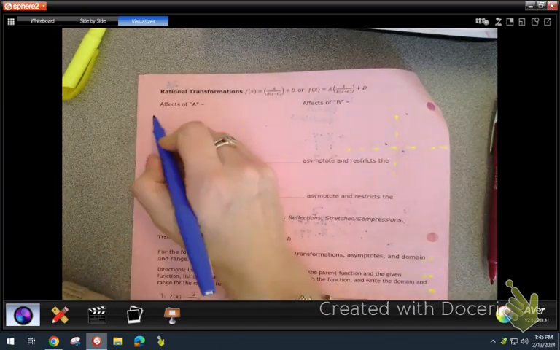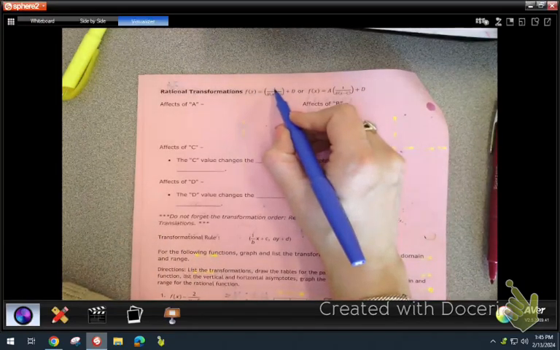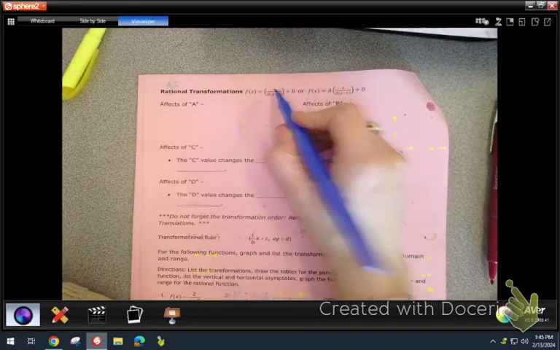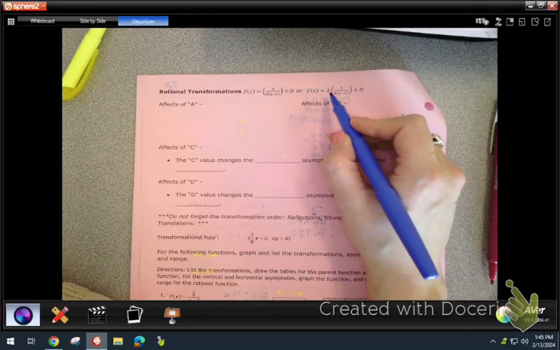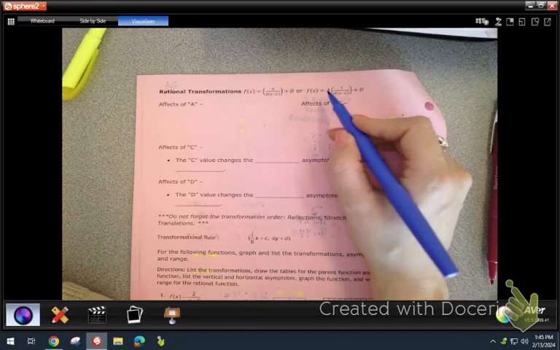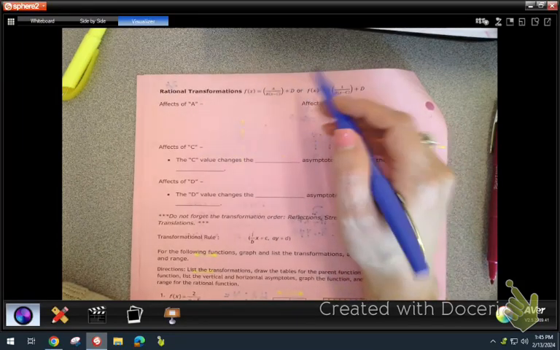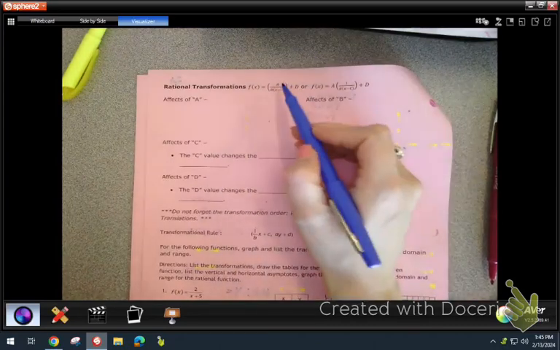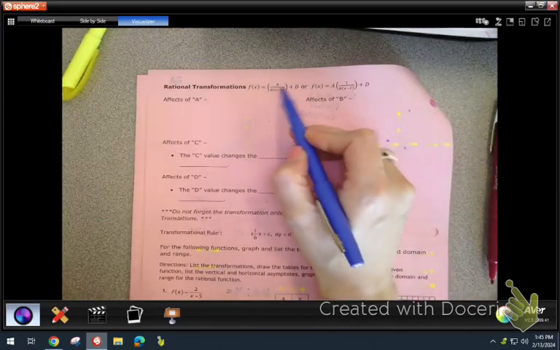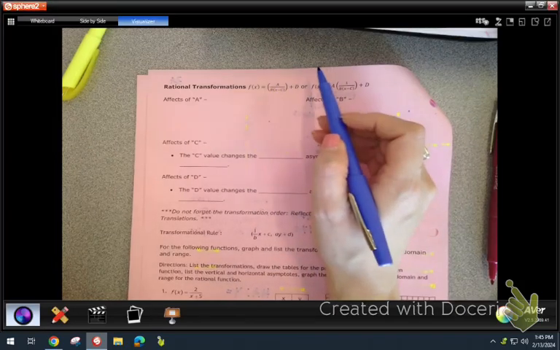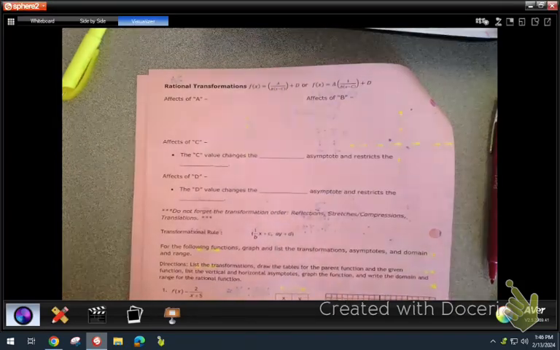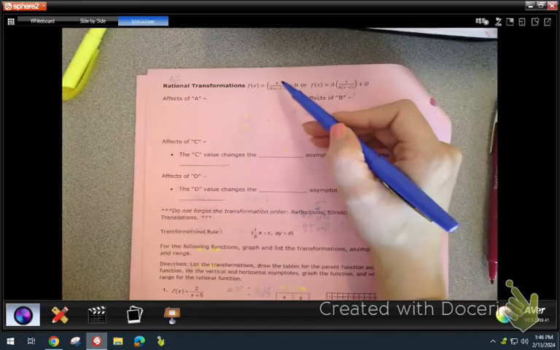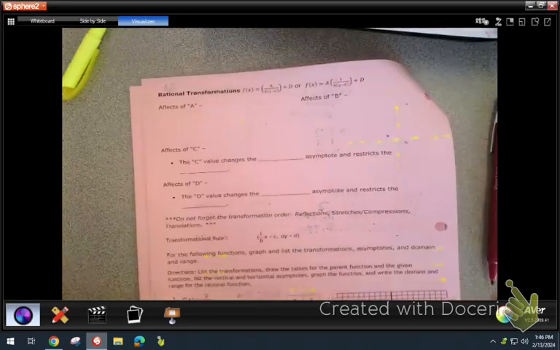Okay, so A. A is either in the numerator, I think that's the most common. You can technically put A in the front, but this one's a little bit different with the inside and outside thing. It's more of, is it in the denominator with the X or is it not? Like D is clearly outside the fraction, A is above, but anything inside is going to be in that denominator with the X value.